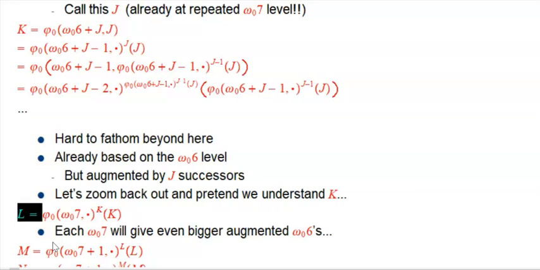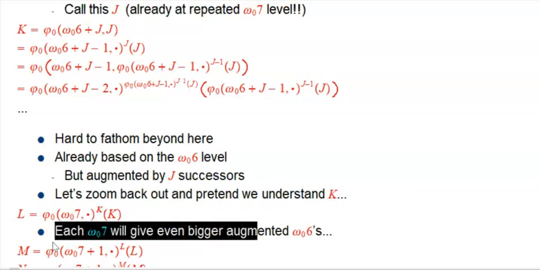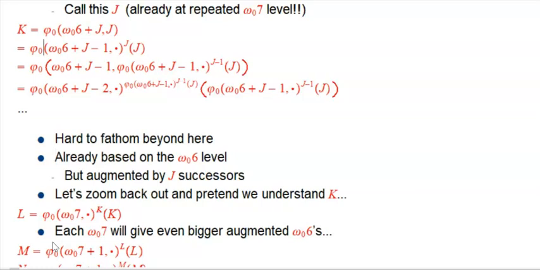Okay. Let's just remember what happens with that. Then L was use that number K as both the input and the iteration exponent on the omega naught 7 level. But remember, every single time we apply an omega naught 7, it's going to go back and do the same kind of thing here.